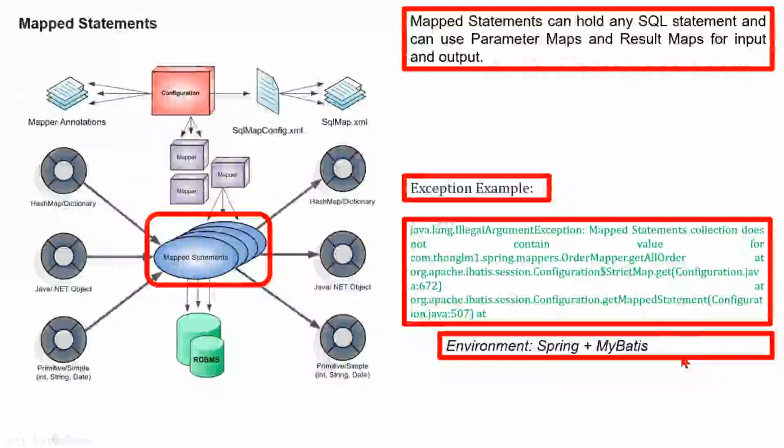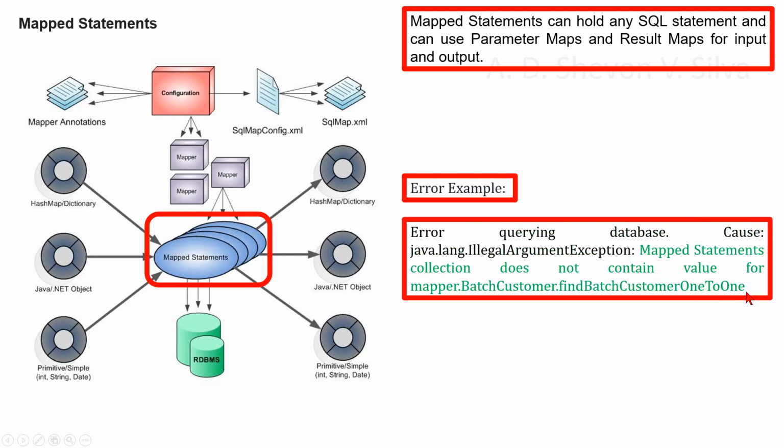Exception example, we can consider this occurred in Spring and MyBatis. java.lang.IllegalArgumentException: Mapped Statements collection does not contain value for com.thong.lm1.spring.mappers.order.mappers.getAllOrder at org.apache.ibatis.session.Configuration$StrictMap.get Configuration.java 672, org.apache.ibatis.session.Configuration.getMappedStatement Configuration.java 5 or 6, at etc. As an error example, we can consider this.